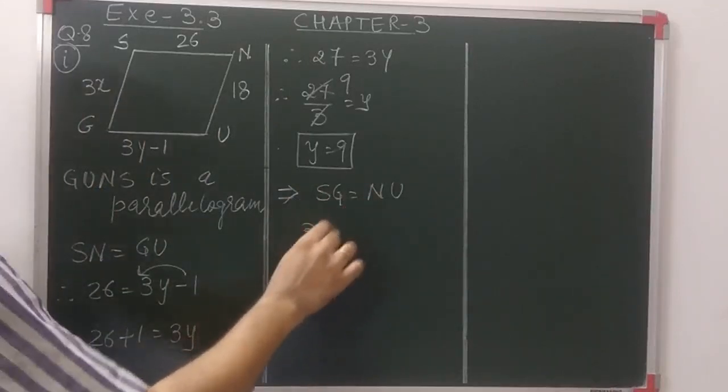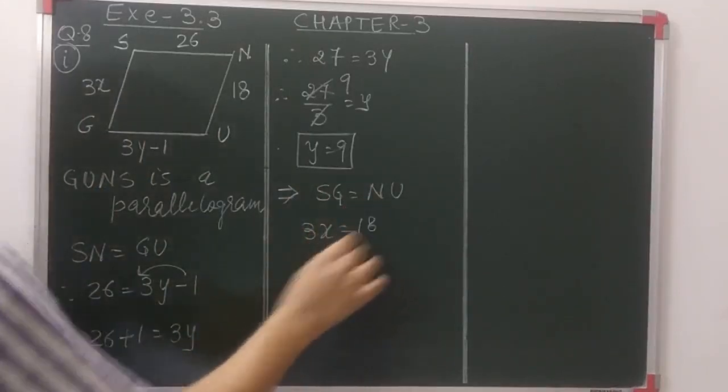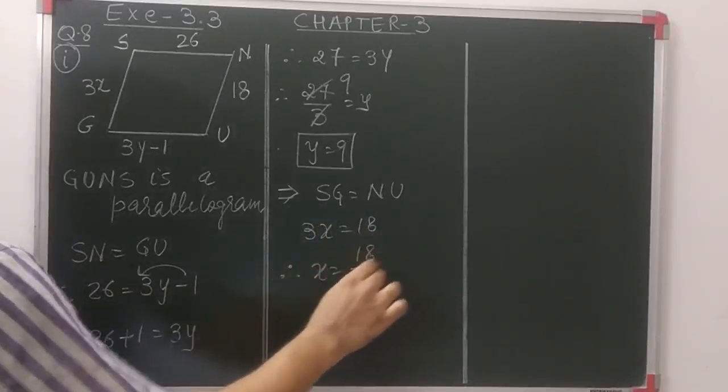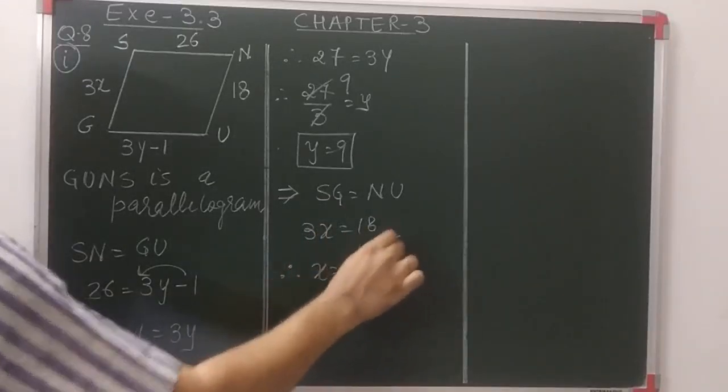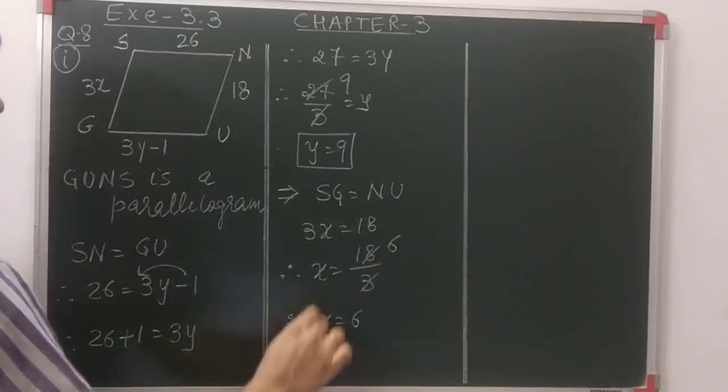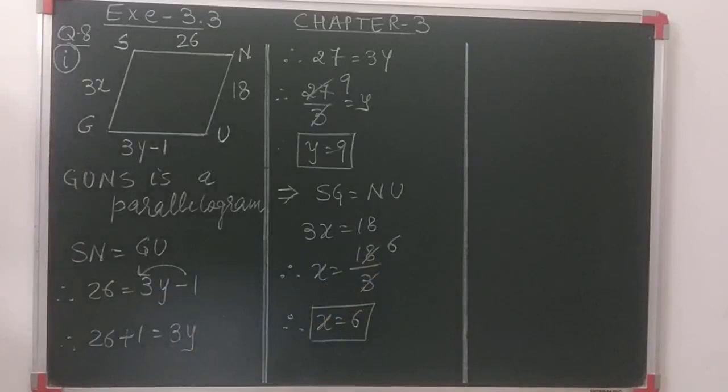SG is 3x and NU is equal to 18. So the value of x is equal to 18 by 3. 3 sixes are 18, so we obtain the value of x is 6. Thus the values of x and y are obtained using the characteristics of a parallelogram.